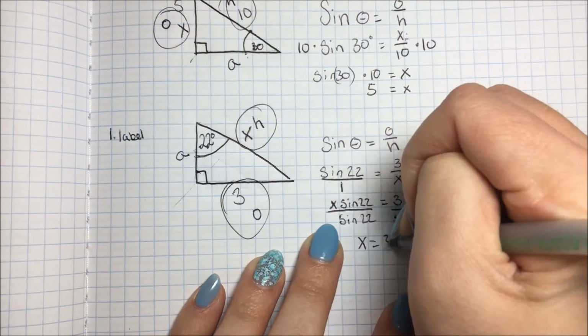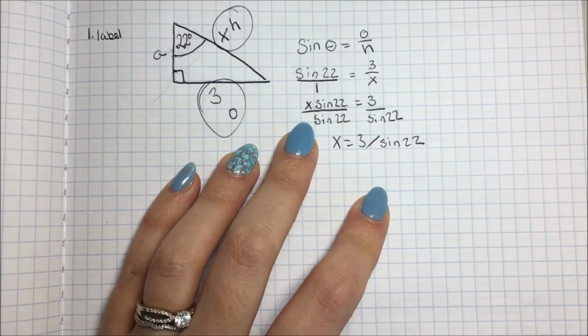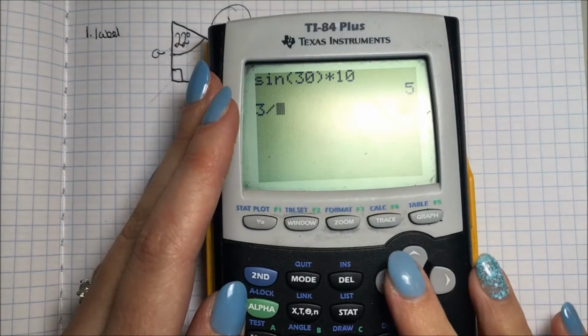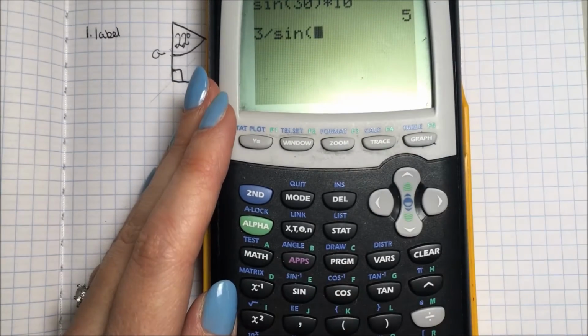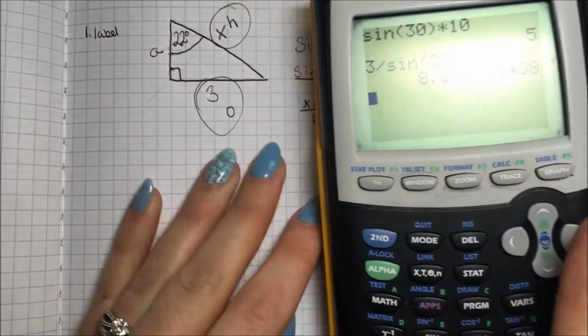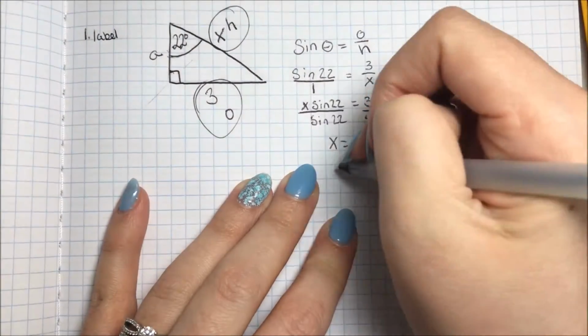So x equals 3 divided by the sine of 22. And that's actually what I'm going to put in my calculator, so you guys can see what buttons I'm pressing. I get 8.008. And for today's sake, I'm going to round to the nearest tenth.